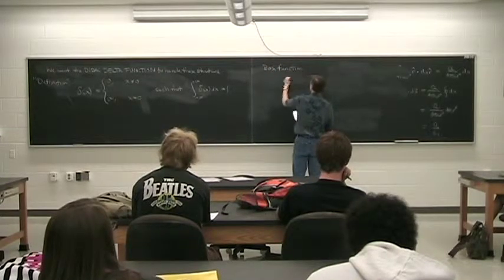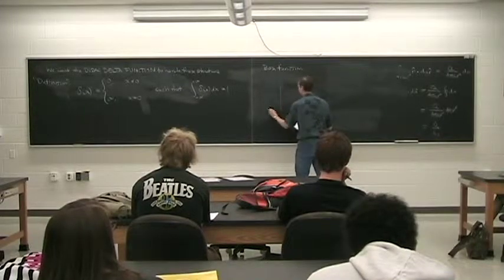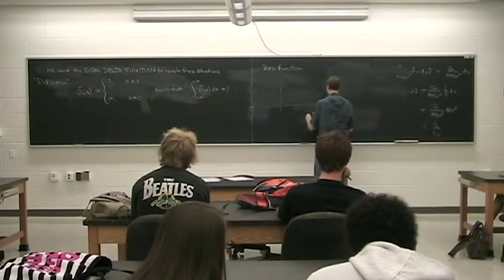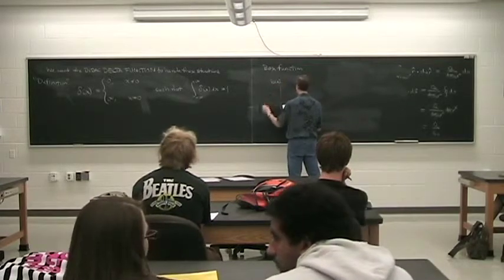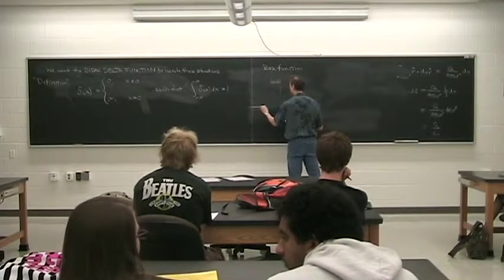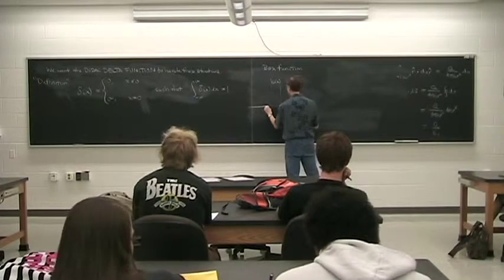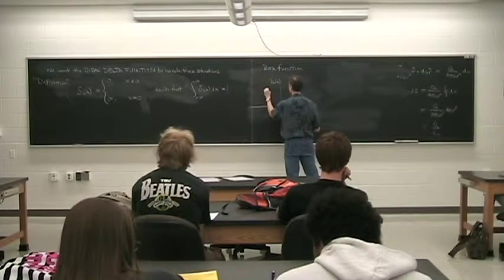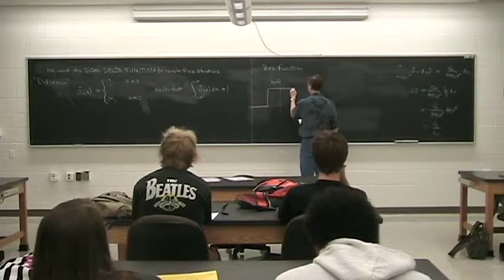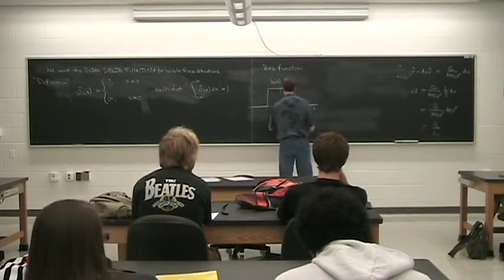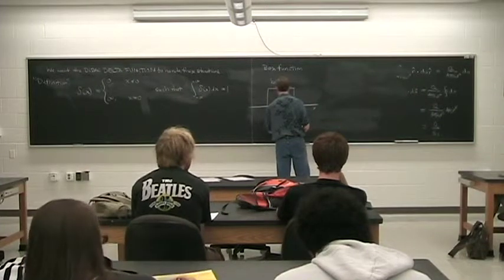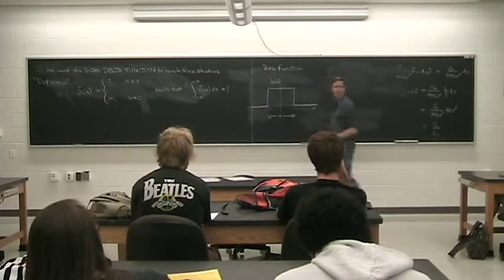So a box function is where you have a function, we'll call it b of x, that is 0 everywhere outside some interval of a finite width. The width of that interval is a.